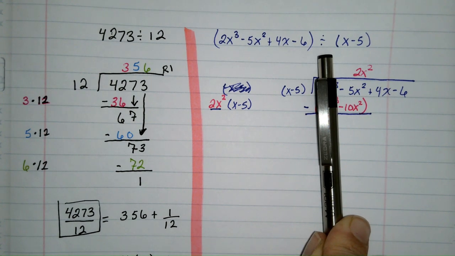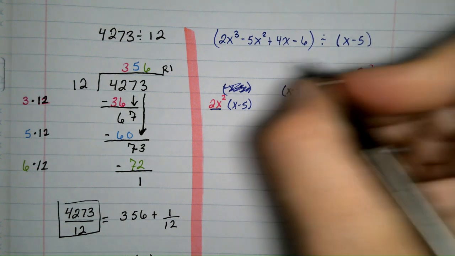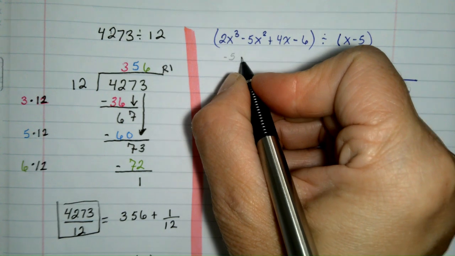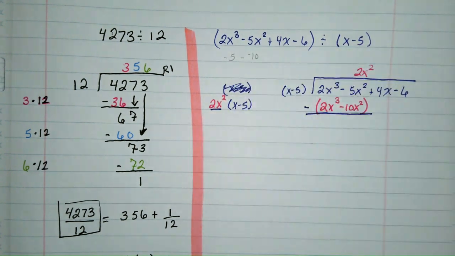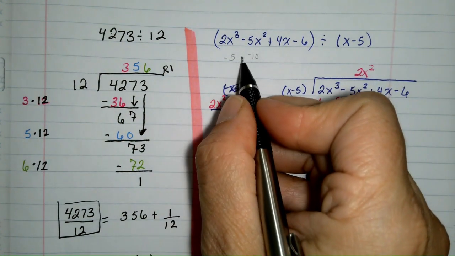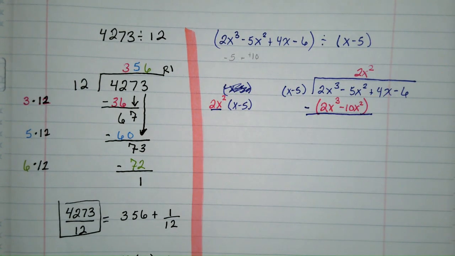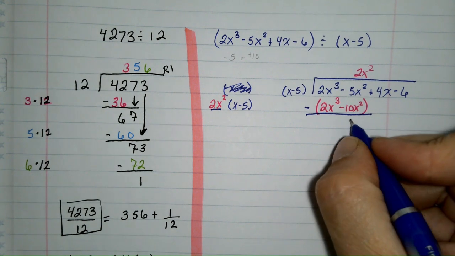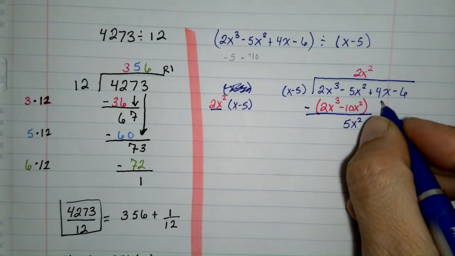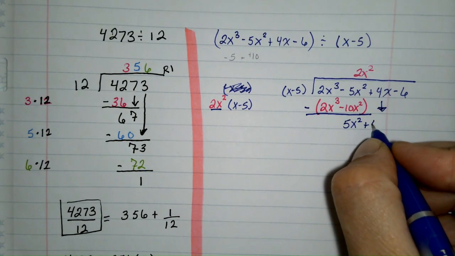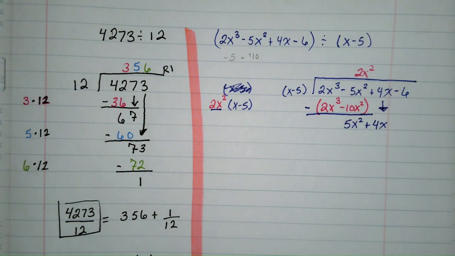Let's just write that down real quick: negative 5 minus negative 10. There's that double negative. So it's really negative 5 plus 10, which is 5. Bring the next part down. Sign errors are going to be our biggest issue when doing long division.